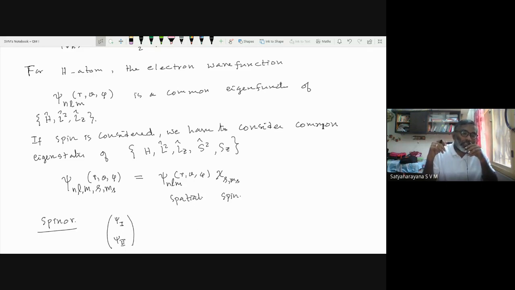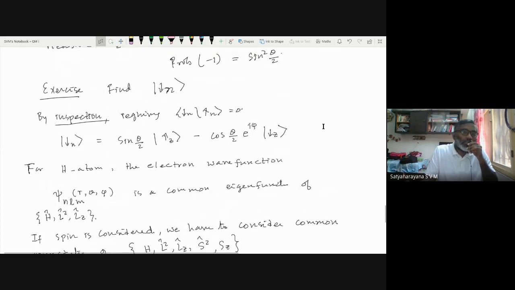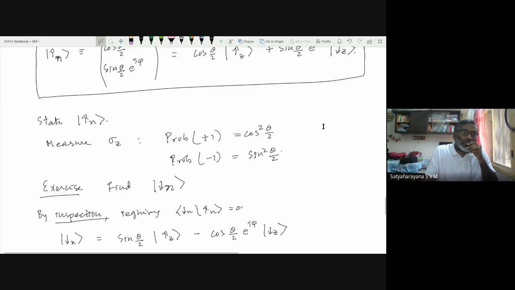It's a four-component spinor actually, not a two-component spinor. And if you take the non-relativistic limit from there, you will get this spinor equation which Pauli has derived. Okay, so this is something which I want you to understand.